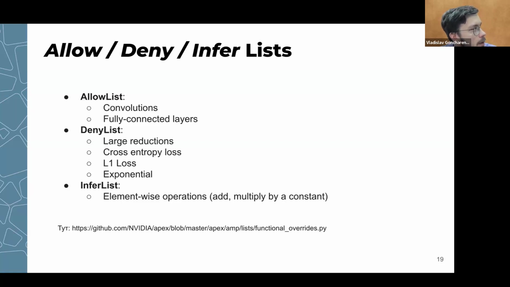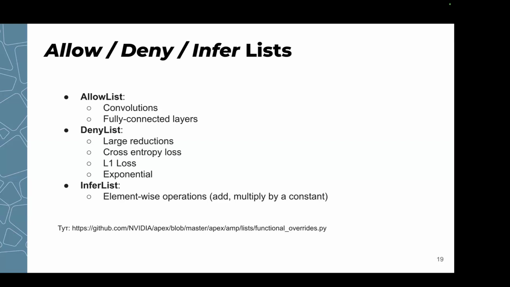It contains just what it says: functional, so overrides that are made in a functional way. I understand. So this is the allow list, the things that are allowed, I guess, the deny list, and then the infer list, and then the functional override.